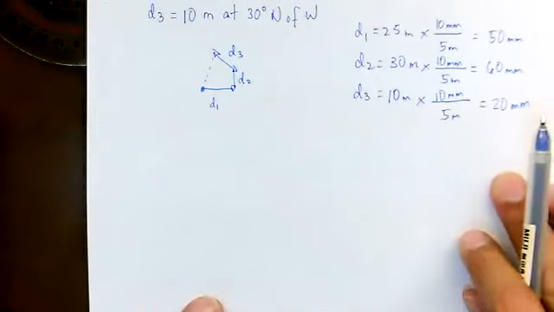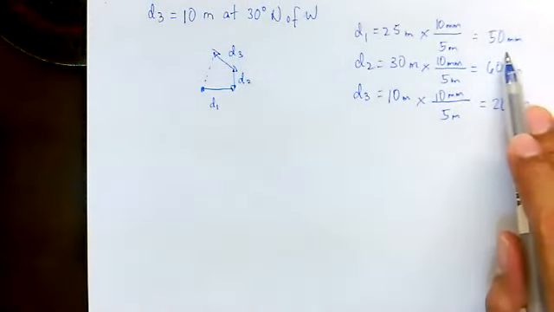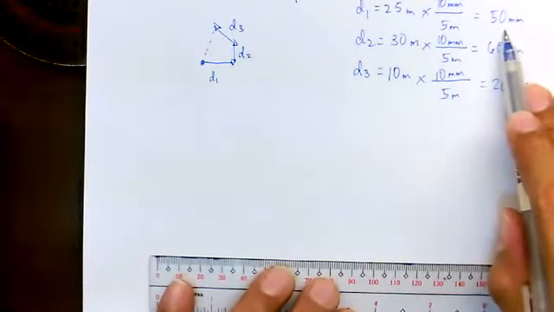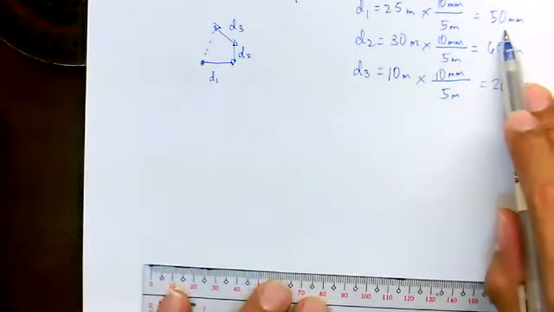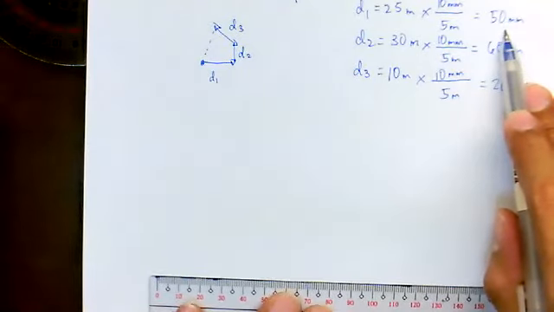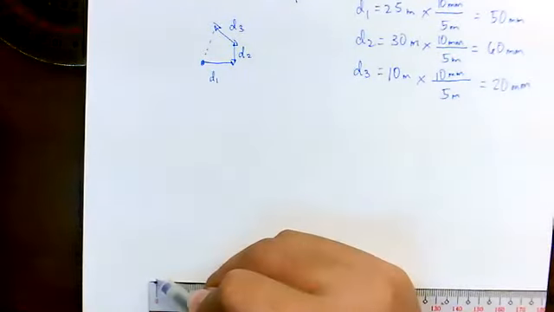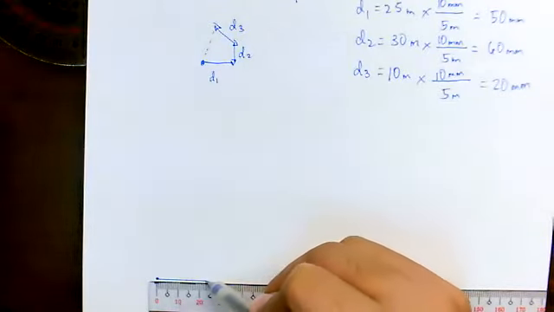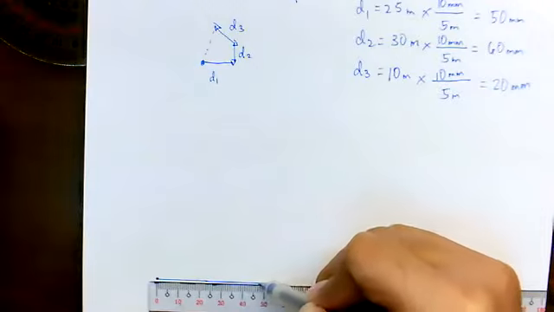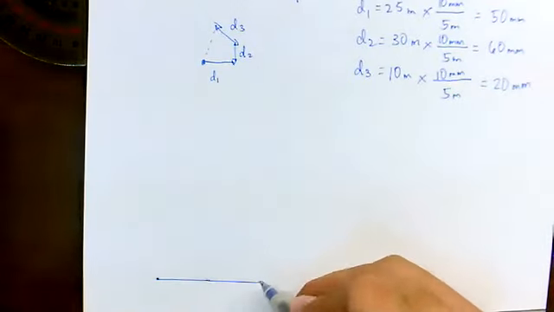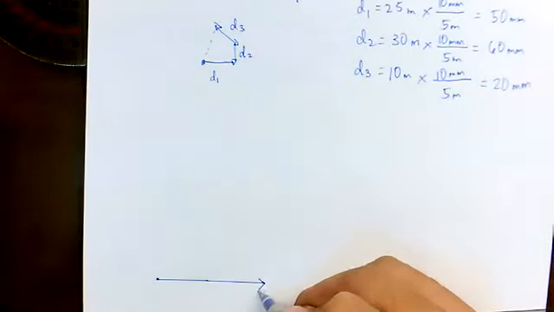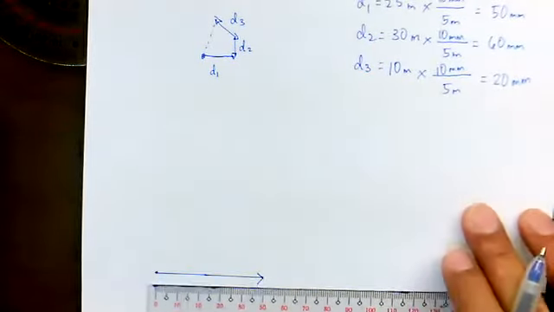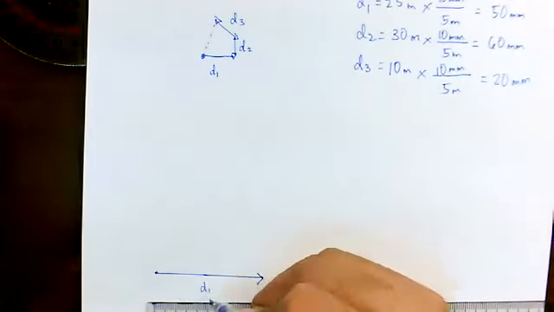The first thing you have to draw is 50 millimeters east. So let's start with this point, 50 millimeters east. It's heading east. Let's name this D1.